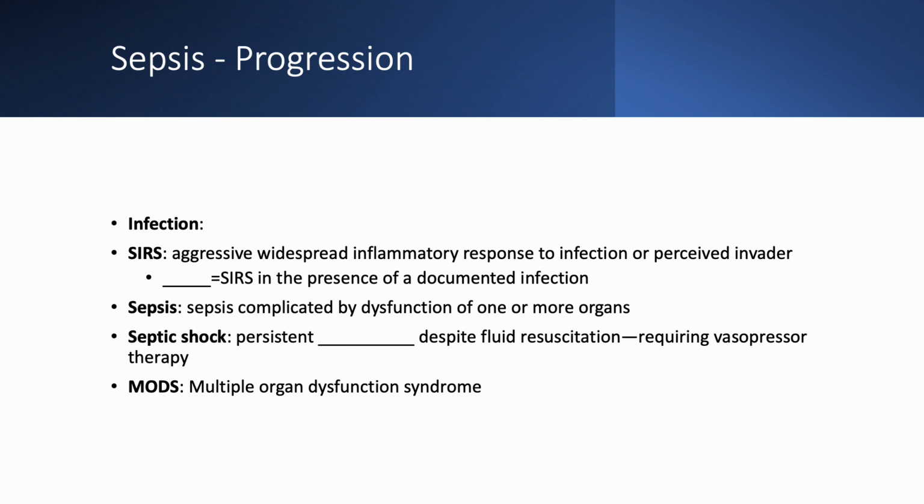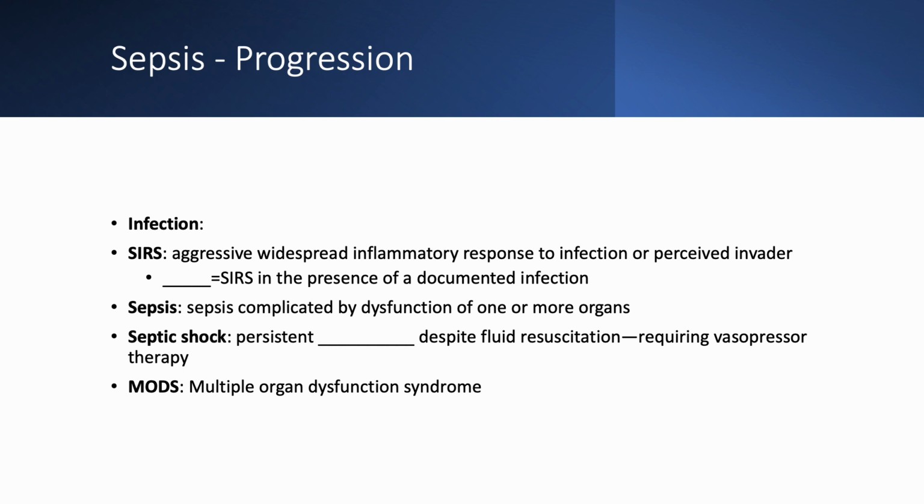Sepsis progression starts with an infection and could turn into SIRS, which is an aggressive, widespread inflammatory response to an infection or perceived invader. Sepsis equals SIRS in the presence of a documented infection.